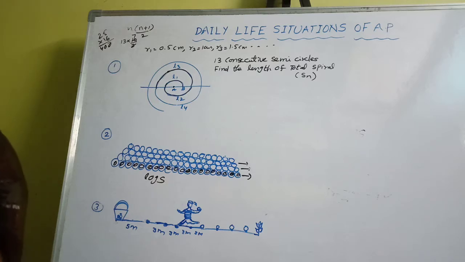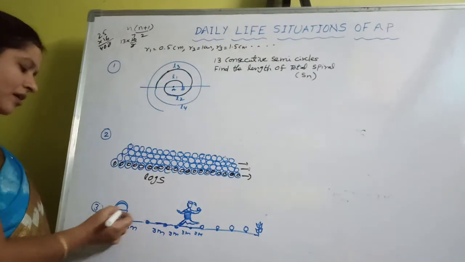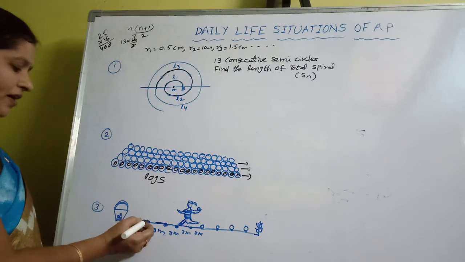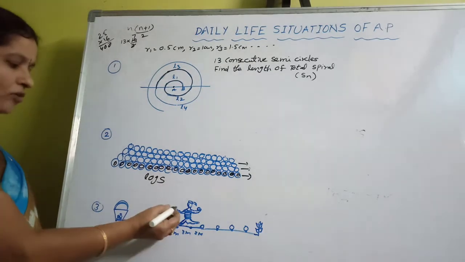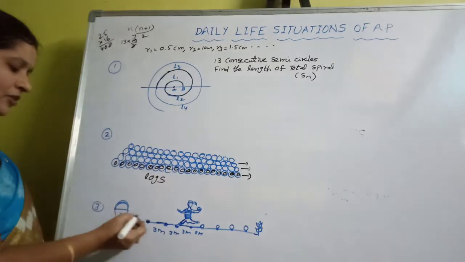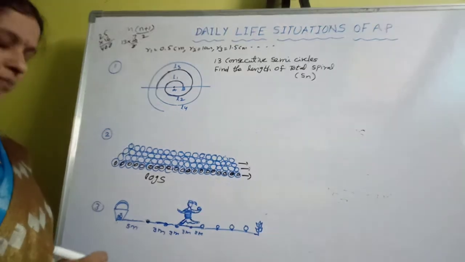So here, how many balls are given? The competitor picks up the first ball and drops it into the bucket. The first ball is at 5 meters distance. How much distance did he travel?